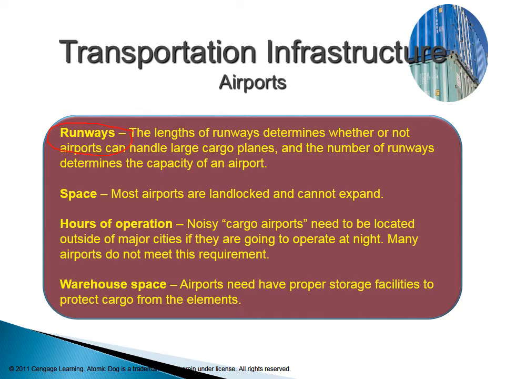Hours of operation, again, is guided by the noise pollution level. Warehouse space is important around the airport. We see that in the Kopel area there are a huge number of warehouses, and they're specifically catered to the needs of the airports. So those are some of the infrastructures which are associated with airport logistics.